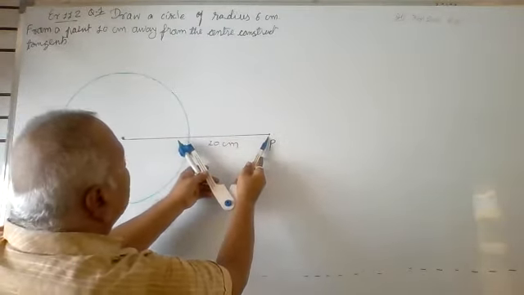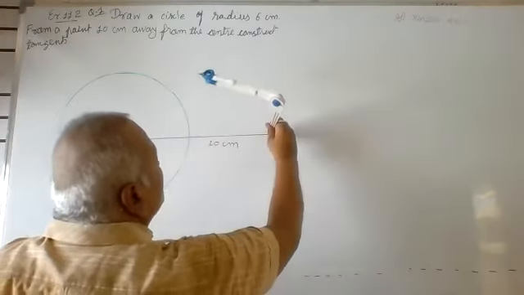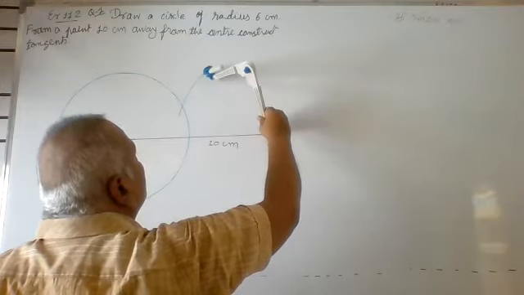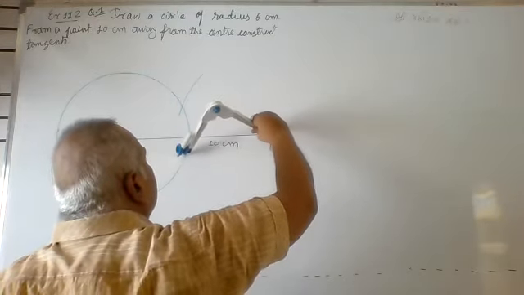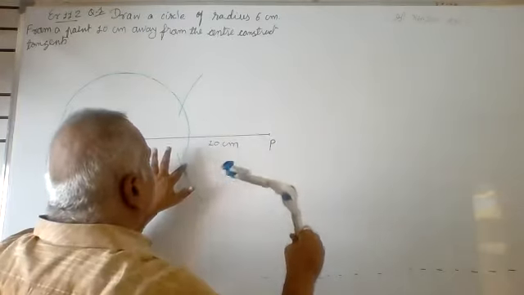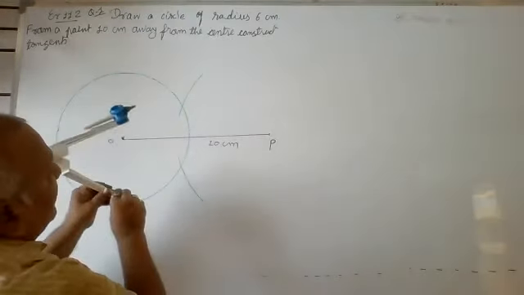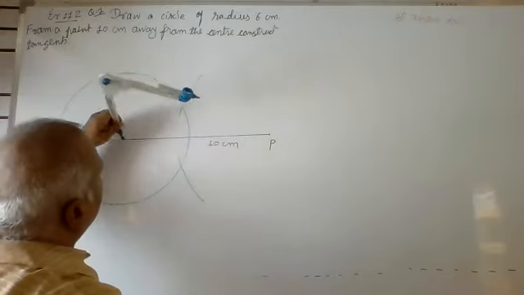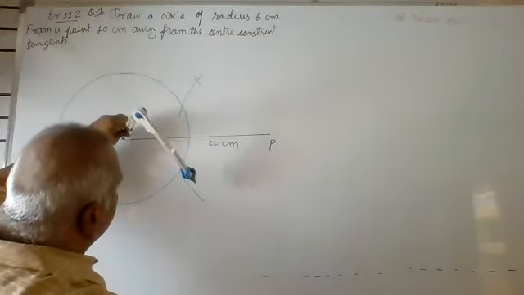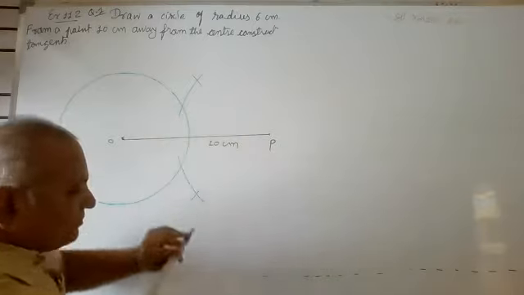So we take more than half the measurement, and we draw two arcs, one upside and one downwards. Again we have to cut these arcs from O, one upside and the other downwards.